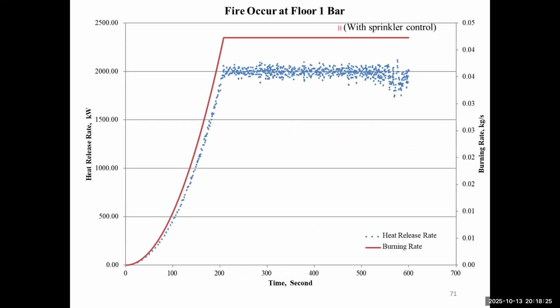Okay, and this is another figure, a very important figure you should note. This graph shows a simulation where the sprinkler system operates. As we can see here, the heat release rate increases significantly with time, and at almost 200 seconds, the heat release rate reaches almost 2,500 kilowatts.